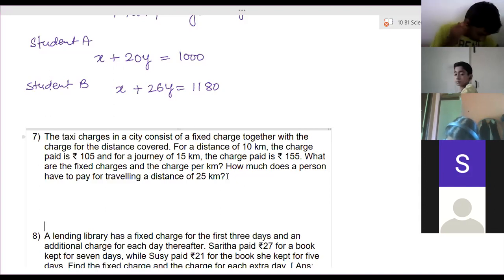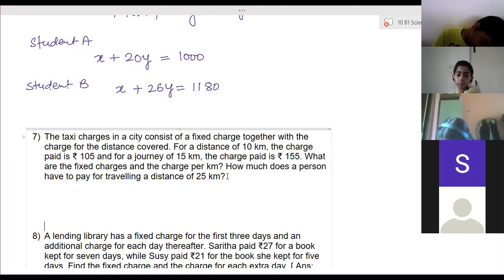x is 5 and y is 10. Yes, right. Ma'am, the charge for 25 kilometers is rupees 255.